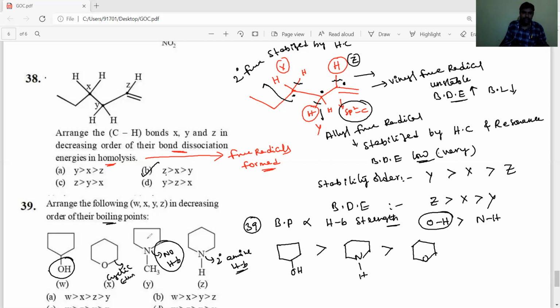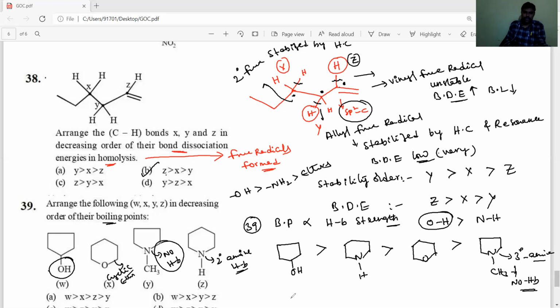We know very well the boiling points of alcohols are more than amines and then ethers. And this is a tertiary amine. Why do tertiary amines have low boiling points? Because no hydrogen bond. So the correct boiling point order is W is more than Z and then X and then Y.